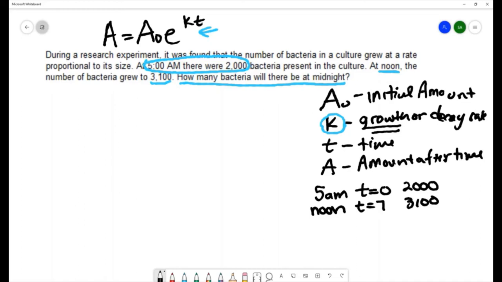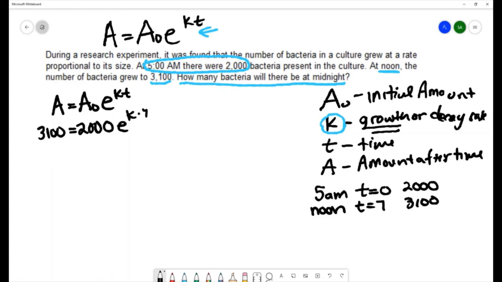Using our exponential model, A equals A naught e to the kt, we have our ending amount being 3,100, amount after time. Our initial amount is 2,000. And our k is our unknown, and we have a time of 7 hours which has passed.